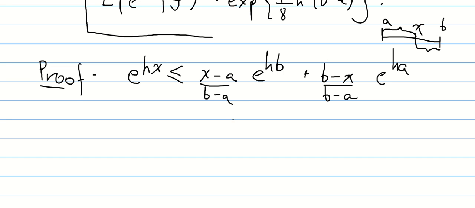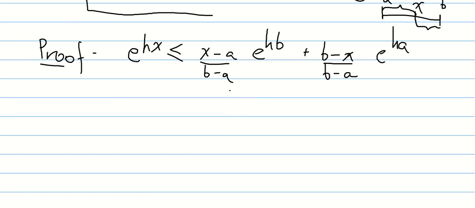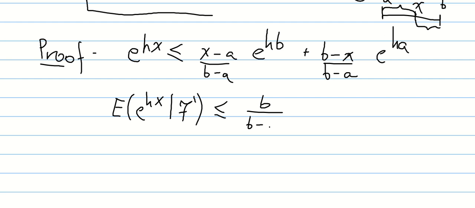Now this is just applying convexity, and the advantage of this is that if we take now the conditional expectation on both sides, and now big X instead of little x, then the expectation of x is 0. So I'm going to invert this, I'm going to put the first term here, and the second term here.